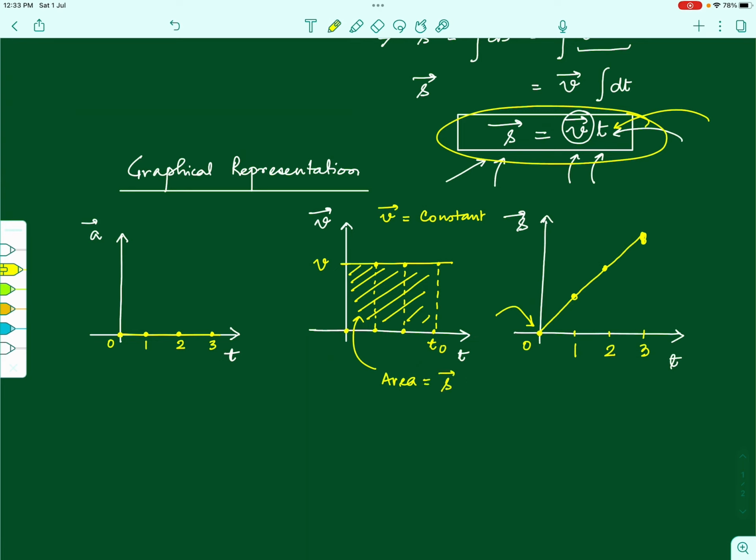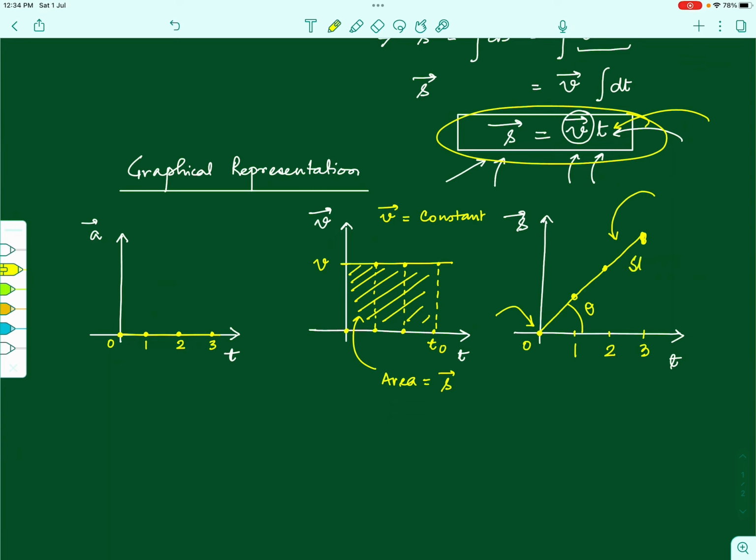Also, if we can find out the slope of the displacement time graph, what will that give us? Slope of displacement time graph gives us velocity. How do we get the slope? To get the slope of a graph, we need to find out the angle that the line, the graph, makes with the x-axis. In this case, it is a straight line, so it's easy to find out the angle. It will be a fixed angle theta.